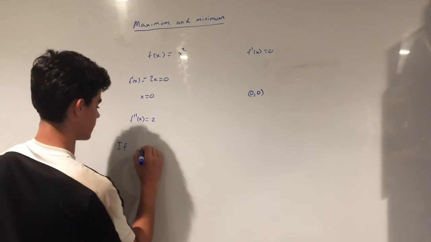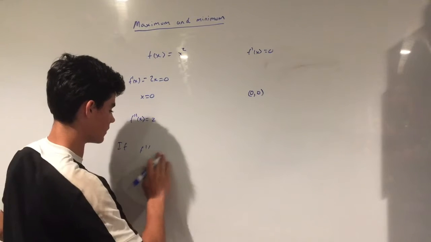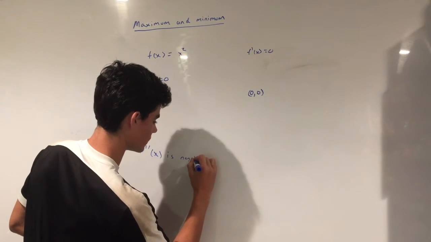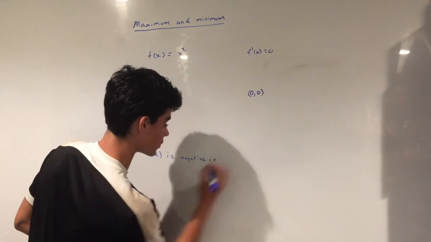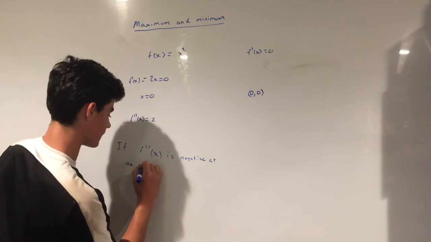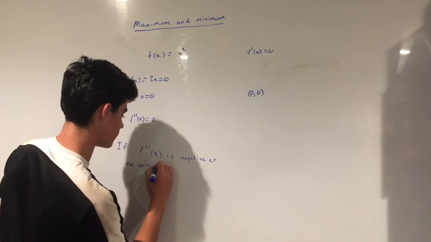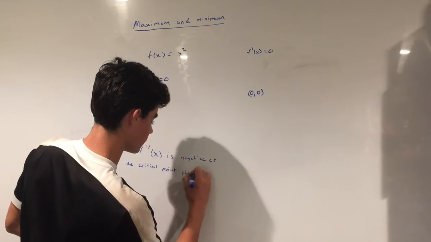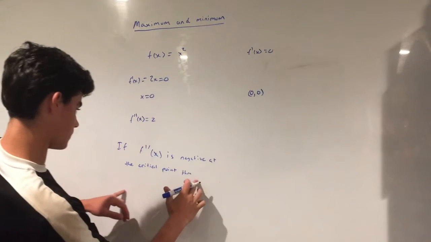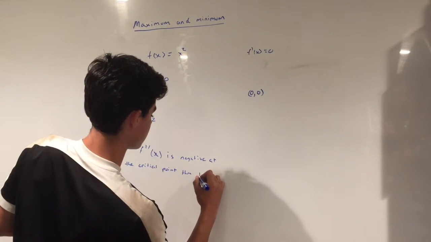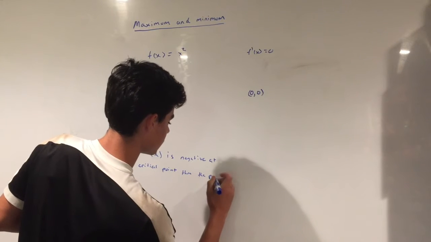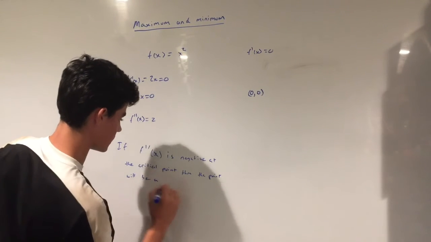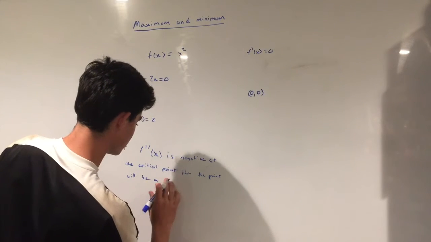So, rewritten differently, if f double prime of x is negative at the critical point, then the point will be a maxima.